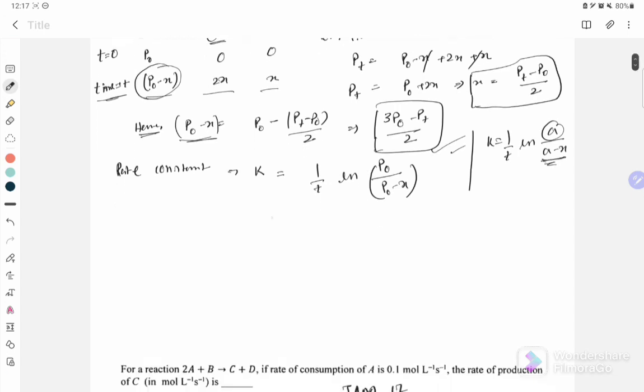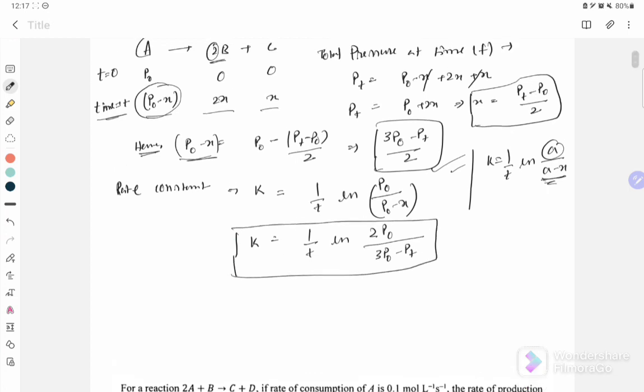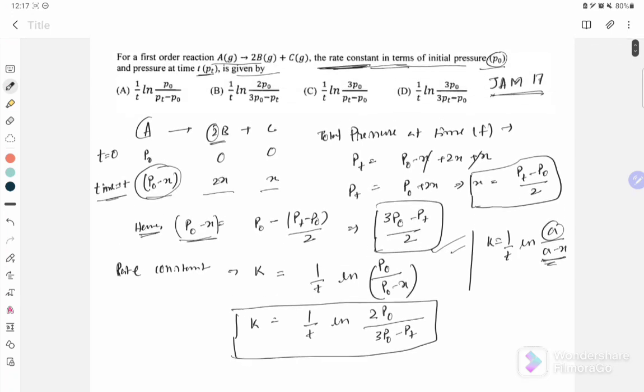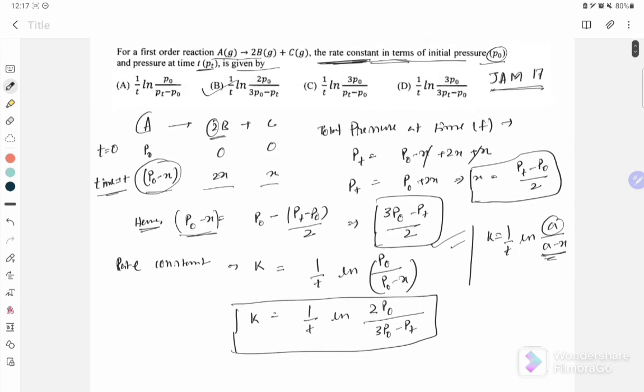So we write 1 by t ln P0 by (3P0 minus Pt) by 2. So this is our equation: 1 by t ln 2P0 by (3P0 minus Pt). So option B is our correct option.